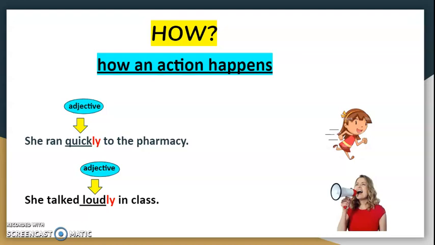Did you notice something about these two adverbs? That's right. They both end with ly. Quick and loud are adjectives, but in order to describe a verb, we often add ly at the end to create an adverb.